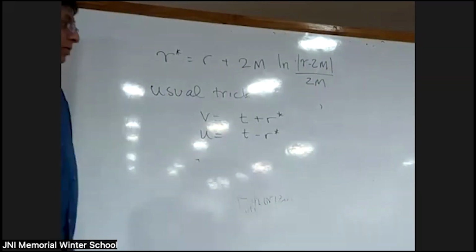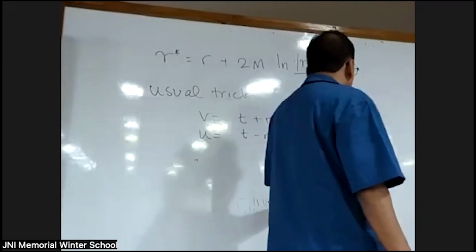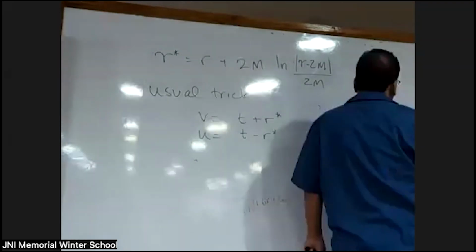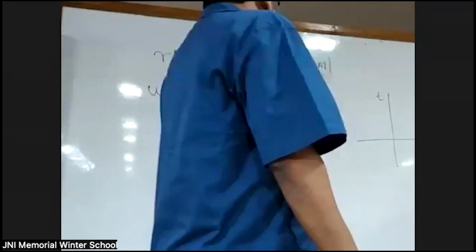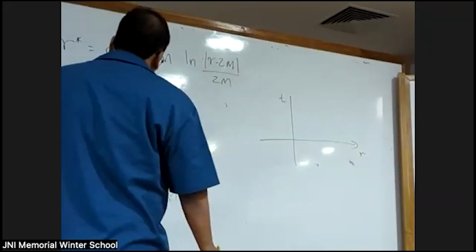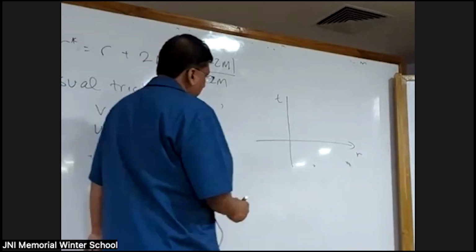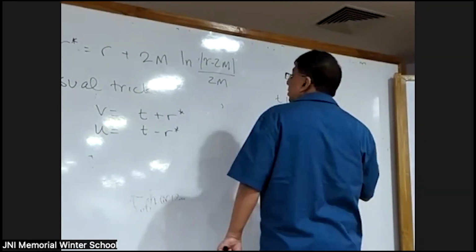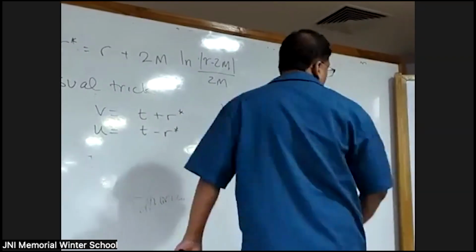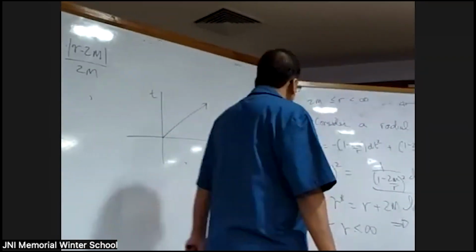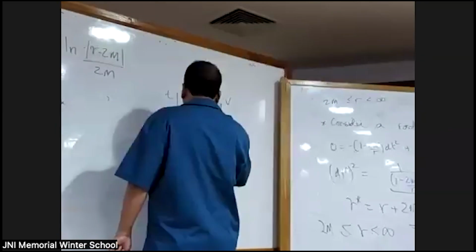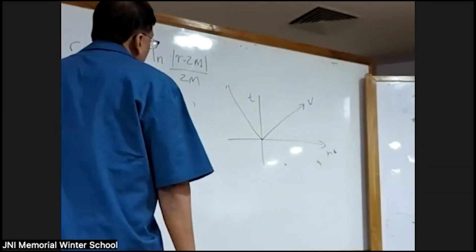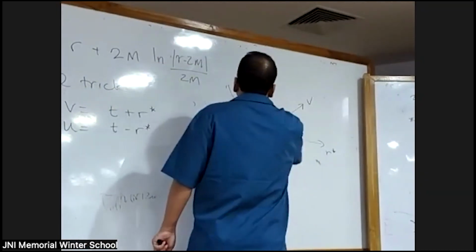These are light cone coordinates because if this is r star and this is t, this is v and this is u.